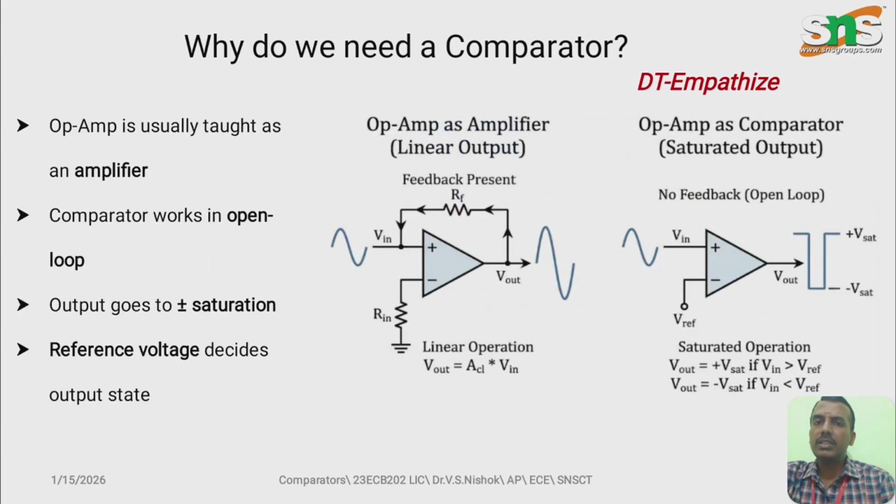By using the operational amplifier, initially we will think of it as an amplifier, but we can use it in open loop configuration for a comparator circuit.